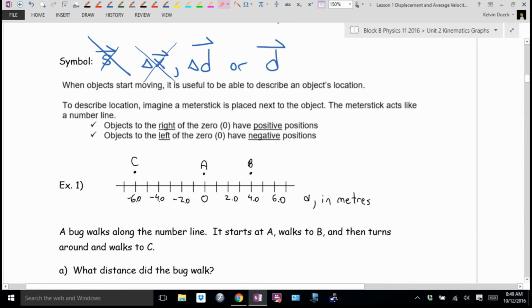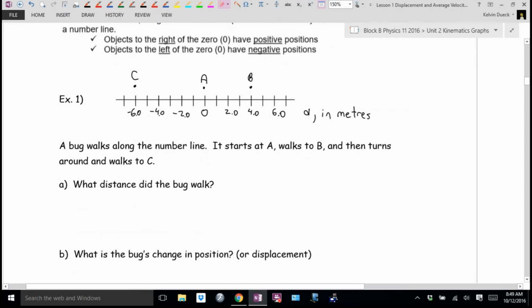There's going to be a couple of times later on this year when, just to make the math nicer, we'll let left be positive because it's going to make the numbers nicer. There's no fixed rule. Usually, when in doubt, I fall back on imagining a big piece of graph paper or a number line. So objects to the right of 0 typically have positive positions. Objects to the left of 0 typically have negative positions.